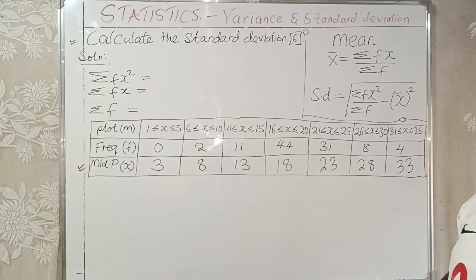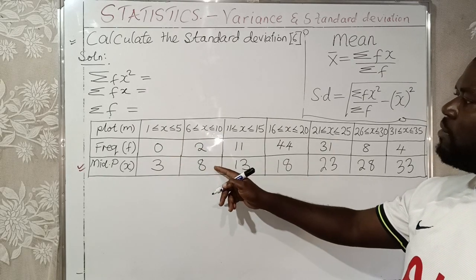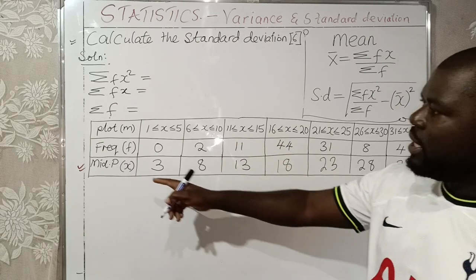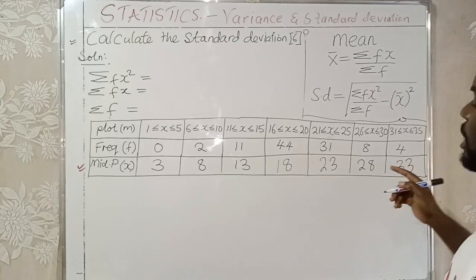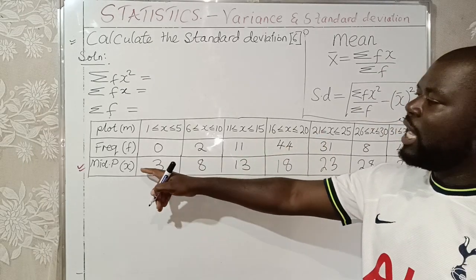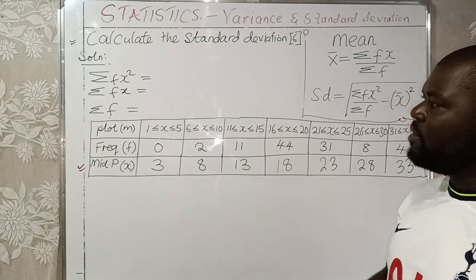So the first thing that you need to do is to get the midpoints for each one of the classes. You can see this row for the midpoint was not in the original question. So we just had to get the midpoints, and we know the way we get the midpoint.